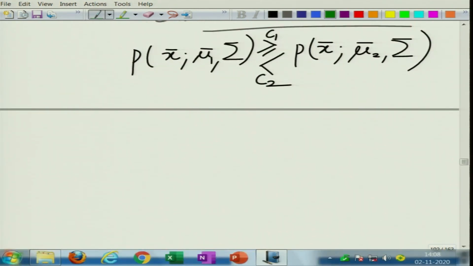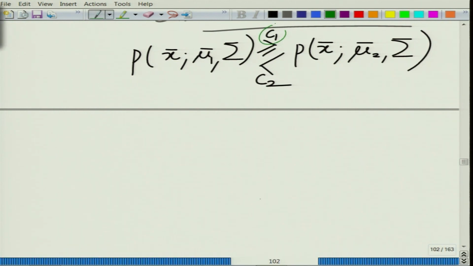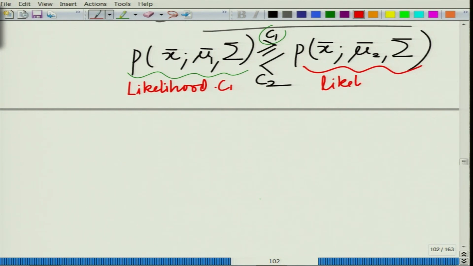So we were saying choose C1 if the likelihood corresponding to C1, which is given by this, is greater than or equal to the likelihood corresponding to C2, and otherwise, if the likelihood corresponding to C1 is less than the likelihood corresponding to C2, then choose C2.